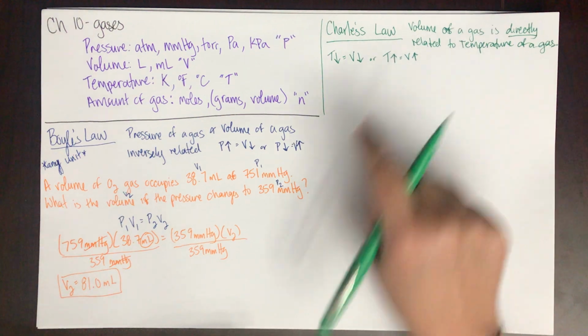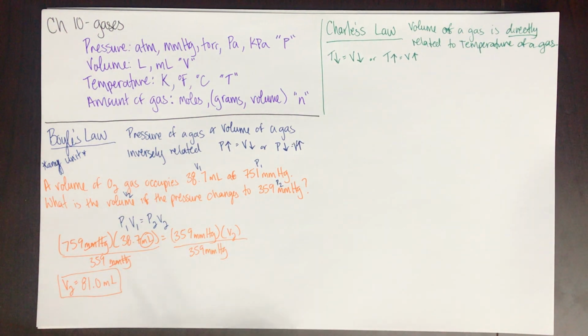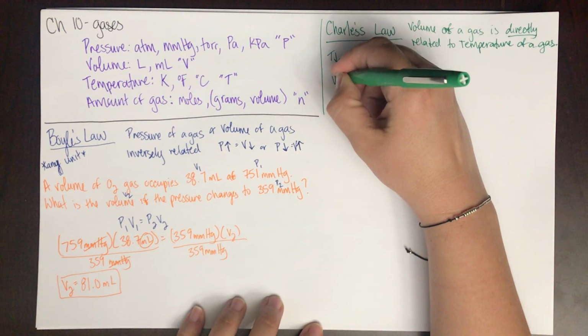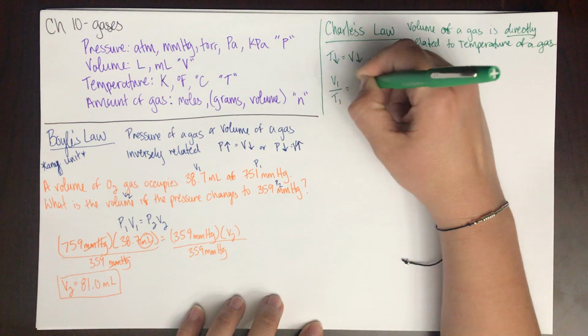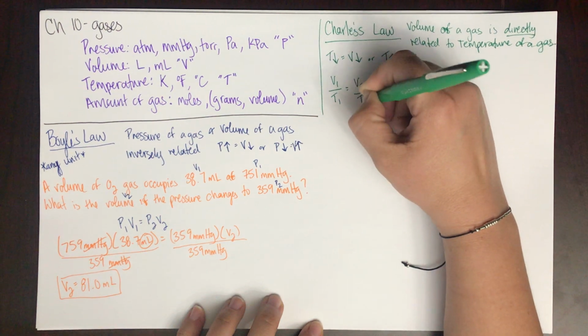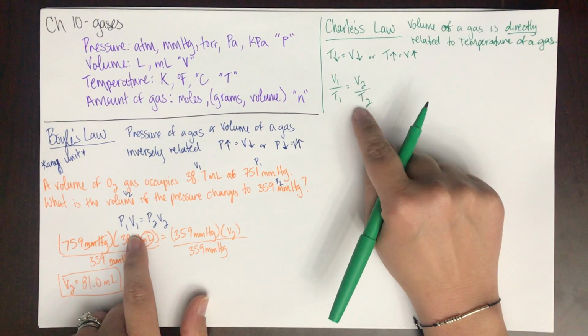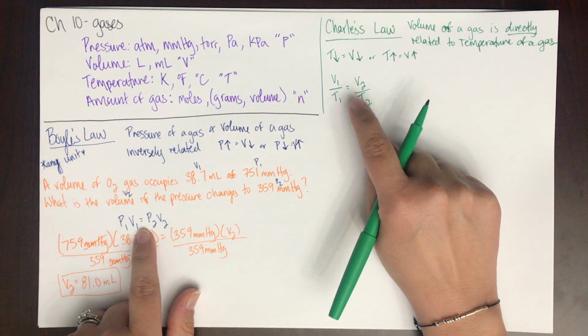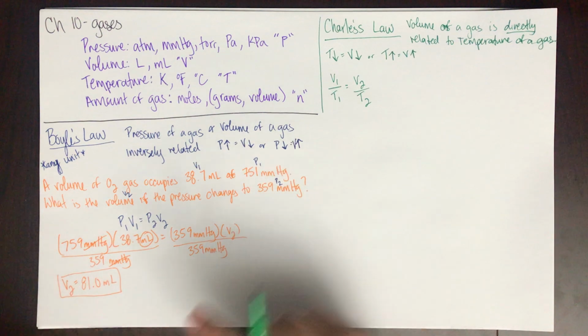So when the temperature increases, the volume increases. So same thing, but the formula now looks like this. V1 over T1 equals V2 over T2. So notice the difference in the way the formula looks if something is inversely related versus if something is directly related.